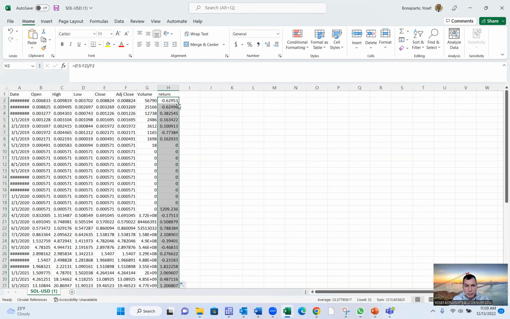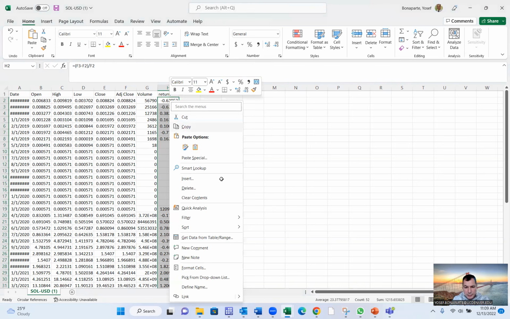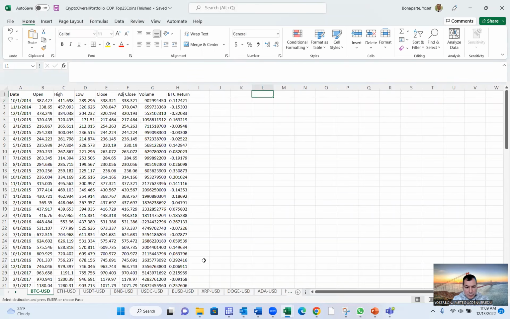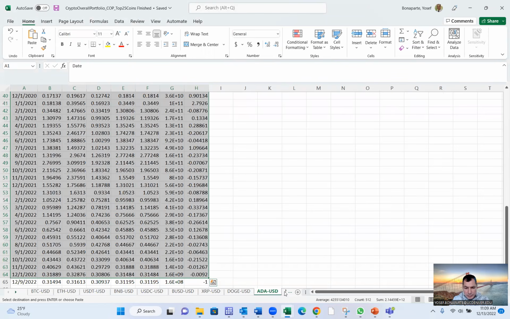Double click, you've got all the returns. Right click, copy, and go to this Excel file and you will have it.